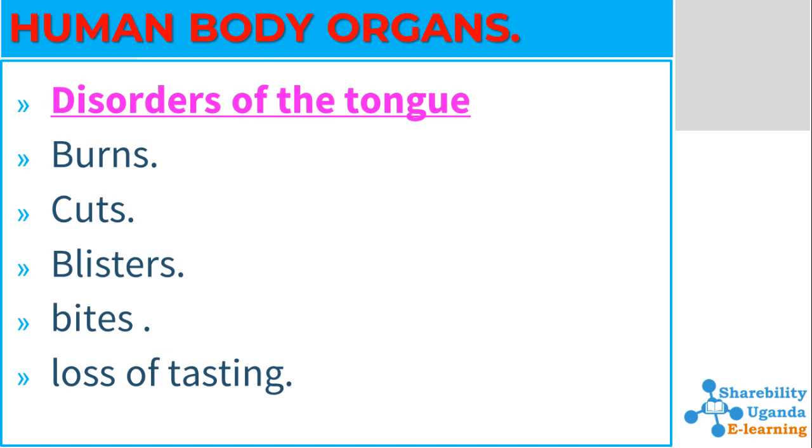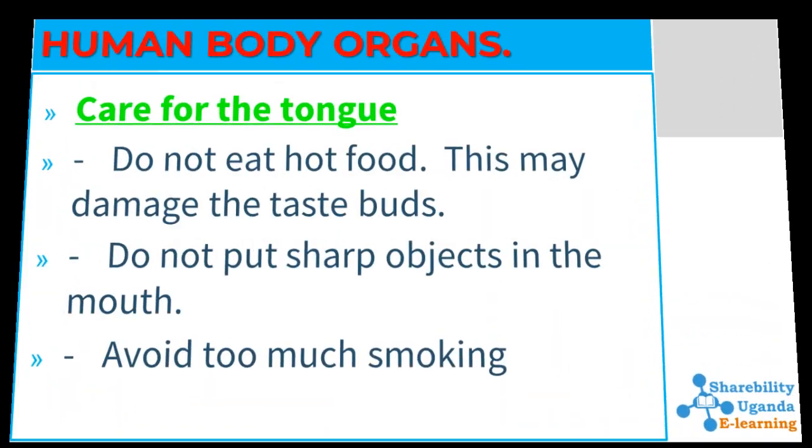Cuts, e.g. putting sharp objects into our mouth, may lead to cuts on the tongue, therefore a disorder. Blisters, like infections on the tongue, can cause blisters. And also bites, assuming you're eating and then accidentally bite your tongue, it is a disorder of the tongue.